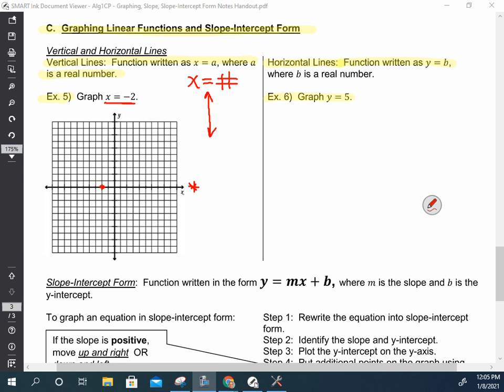And then draw a vertical line. That's it. Graph's done. Problem's over. That's a vertical line.